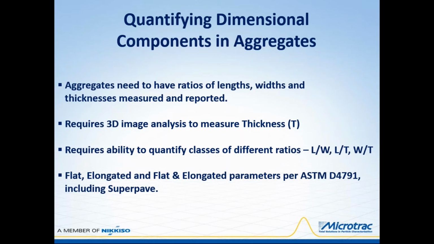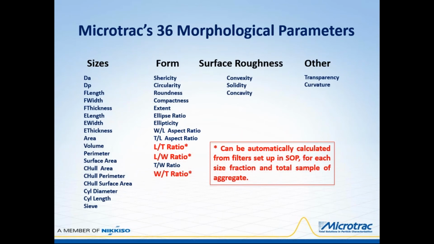Flat particles, elongated particles, and flat and elongated parameters for particles within each ASTM standard specified size fraction and for the entire sample are required for either superpave or non-superpave highway applications.